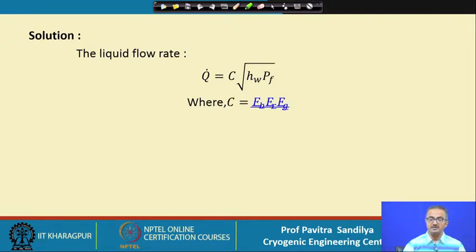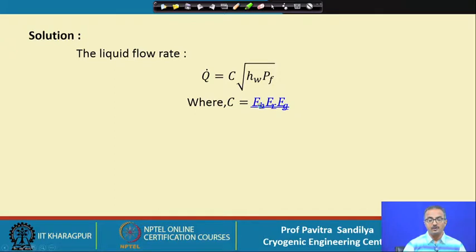Here we have been given the value of C in terms of FB, FR and FG. As we discussed under the flow rate for natural gas through orifice meter, the same values of the correction factors FB, FR and FG are also used in this expression.